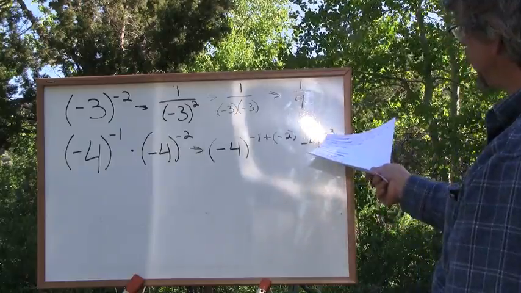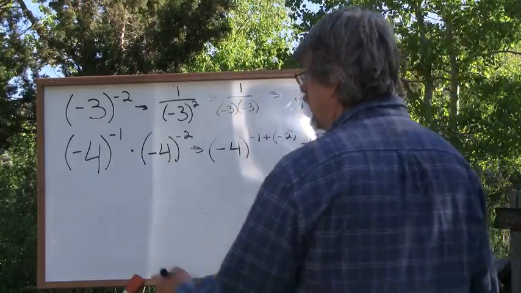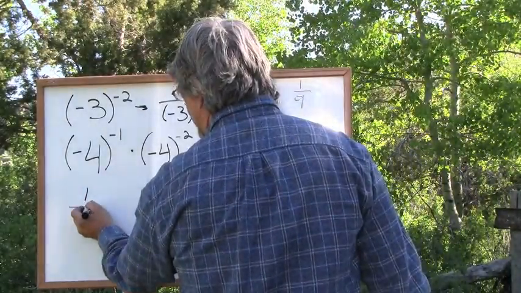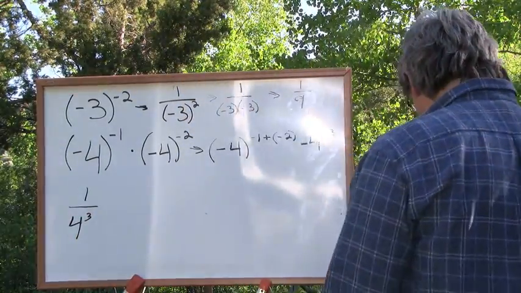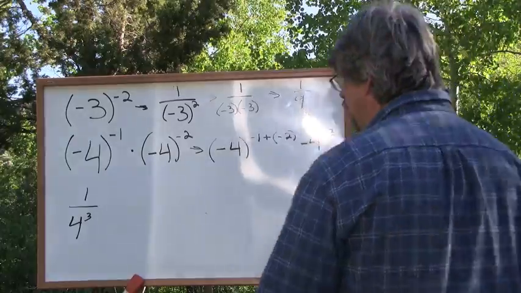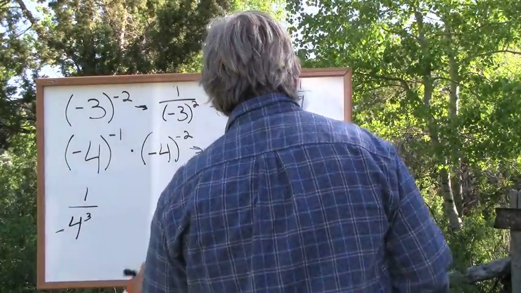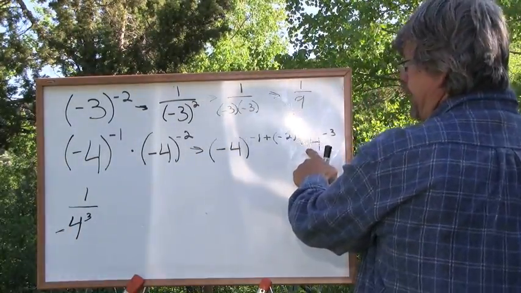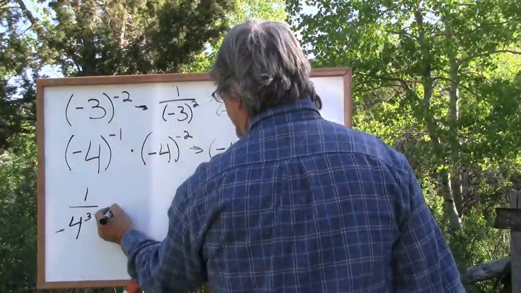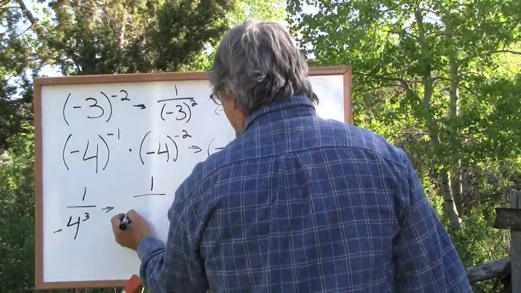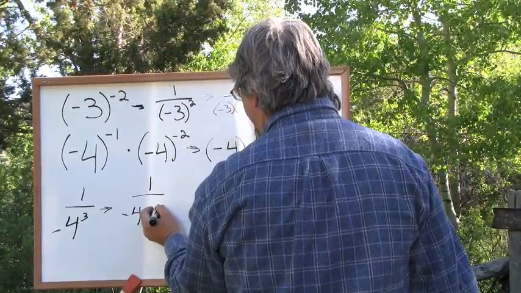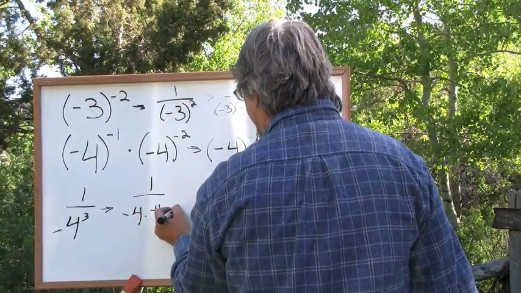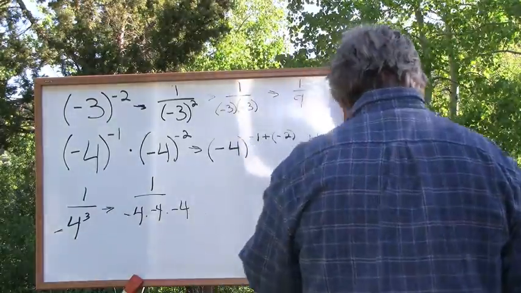And what's this tell us when we have the negative exponent? This becomes 1 over 4 to the third, doesn't it? Negative 4, sorry. We keep our negative. We have to keep our negative. This equals negative 4 times negative 4 times negative 4.